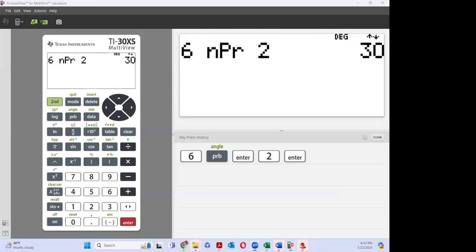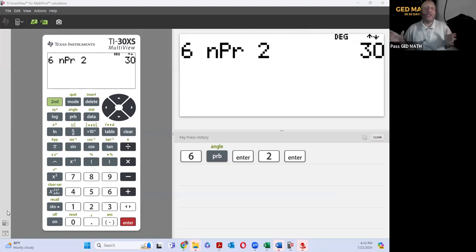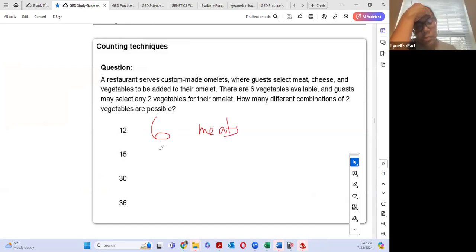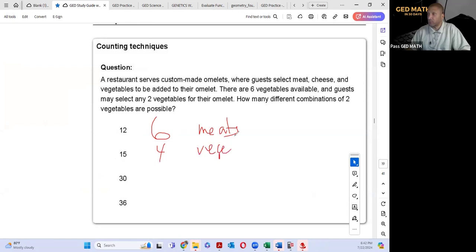But which one did you pick? You didn't get the combination one or the permutation one? So combinations, okay. So even though they use combinations, let me give you an example of what they want, because that's where the confusion comes from. Say, for example, I had 6 meats, 4 vegetables, 2 starches that I could pick from, right?